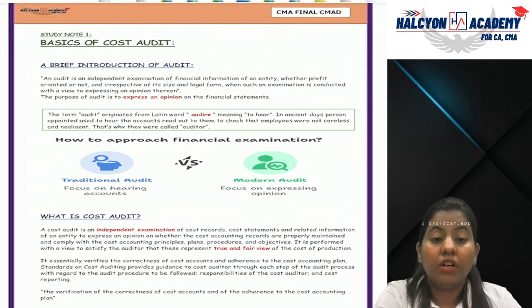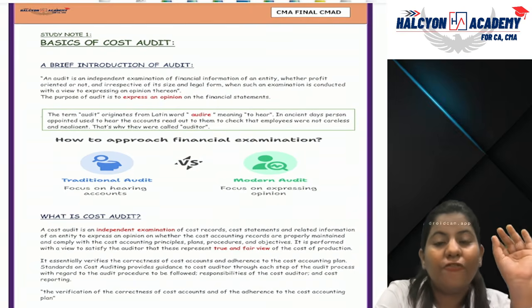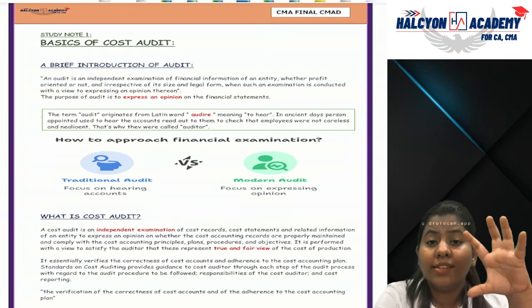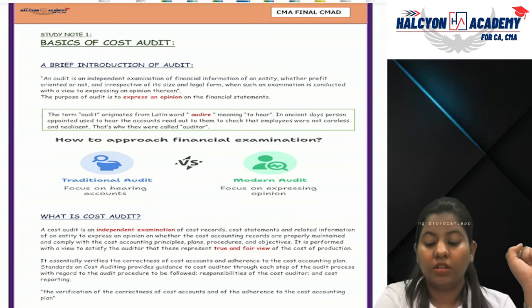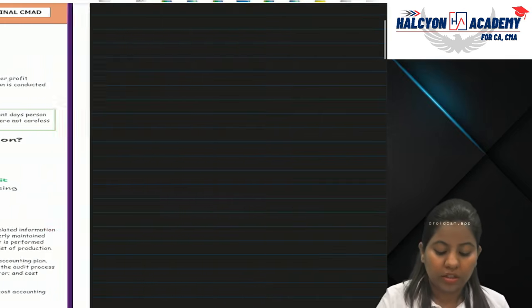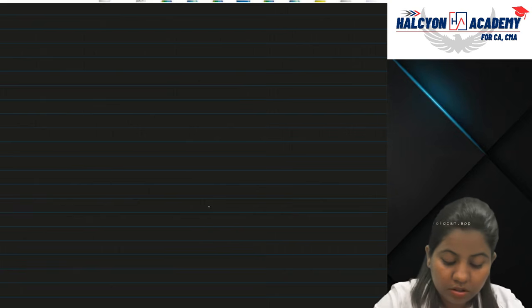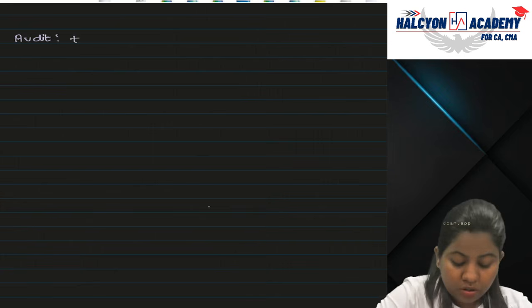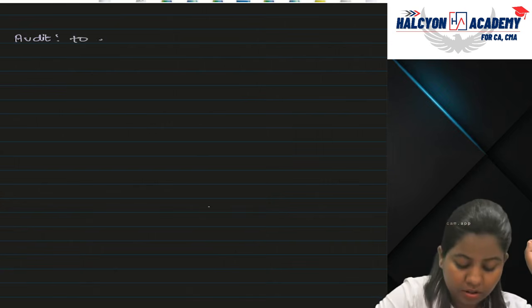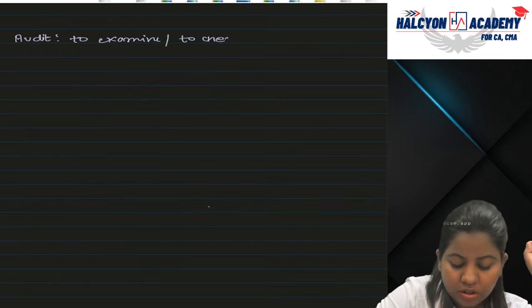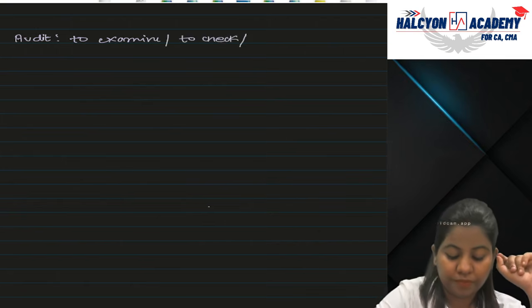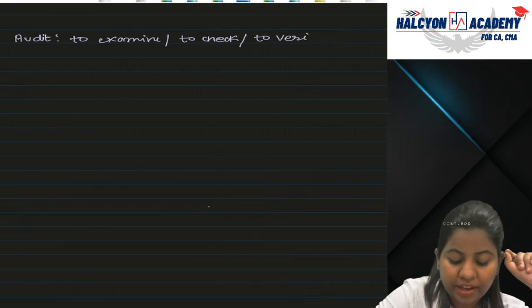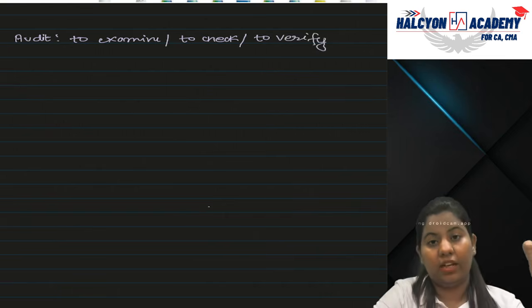Basically, the meaning of the term audit is to verify something, to examine something, to check something in detail.